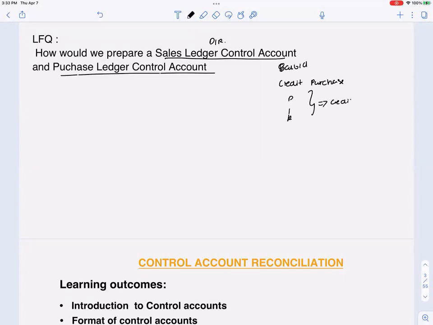Tell me, what documents do you refer to? What business documents do you refer to when you prepare control accounts? Sales invoice. That means you look at the books of prime entry.